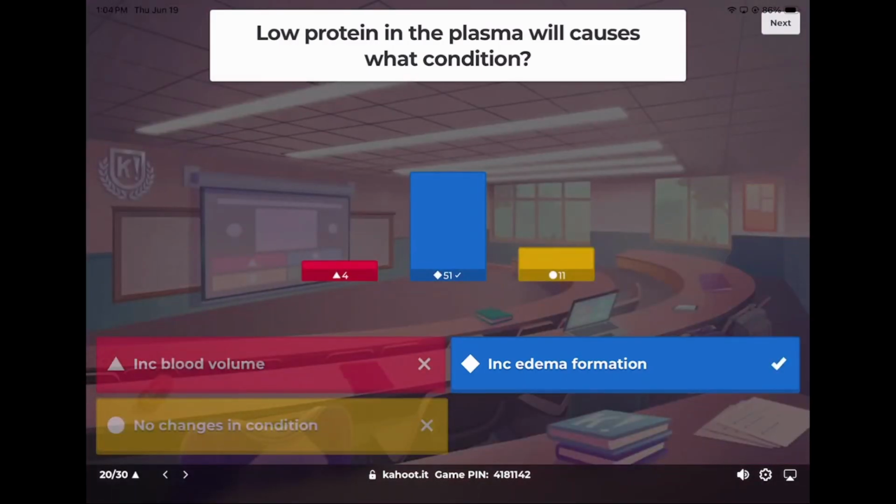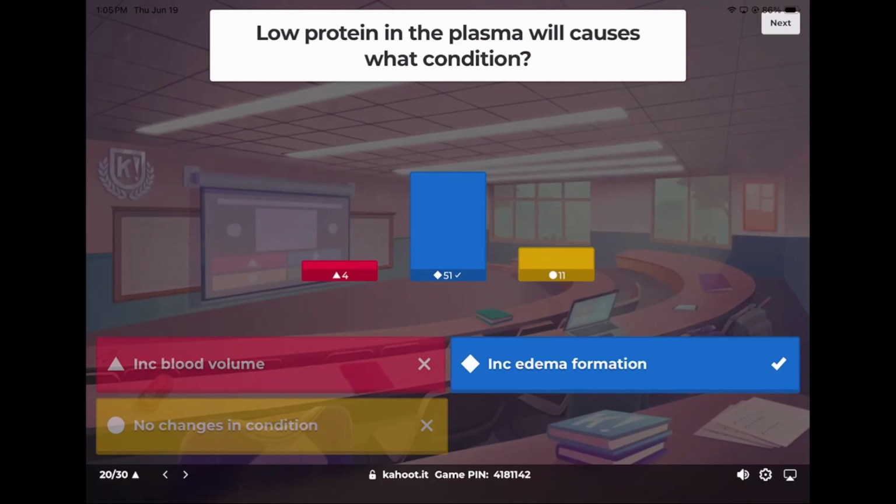Now, whenever you're dealing with a question about protein in the blood, it's going to wind up talking about some sort of edema formation because protein in the blood drives the oncotic pressure. Should there be any oncotic pressure in the interstitial space? No, it should be zero.